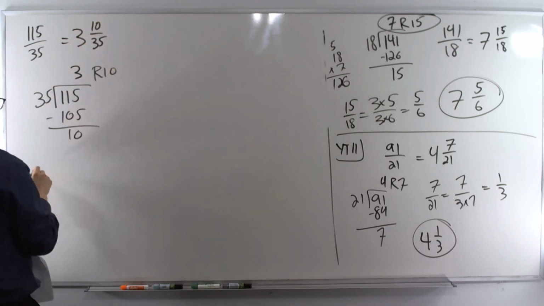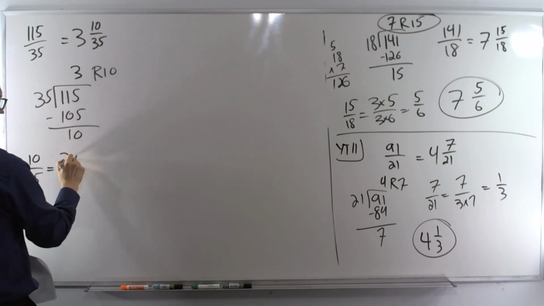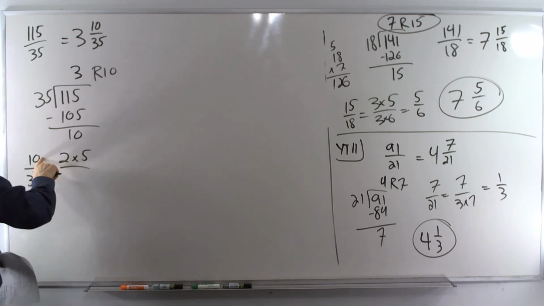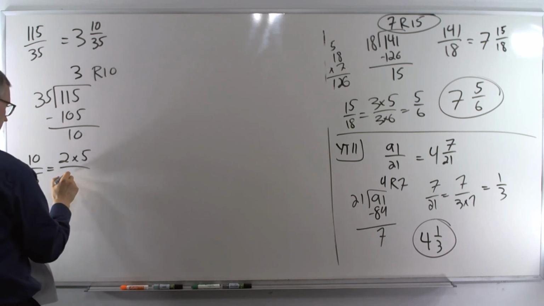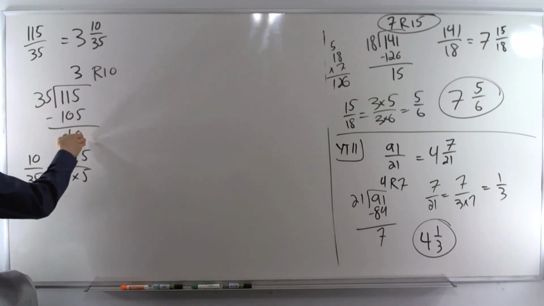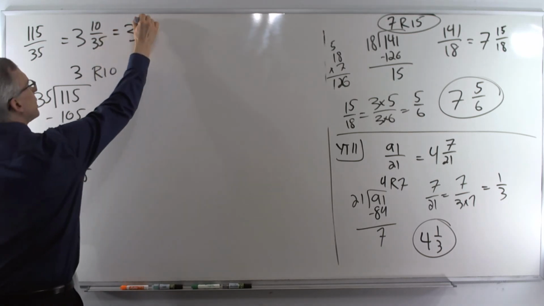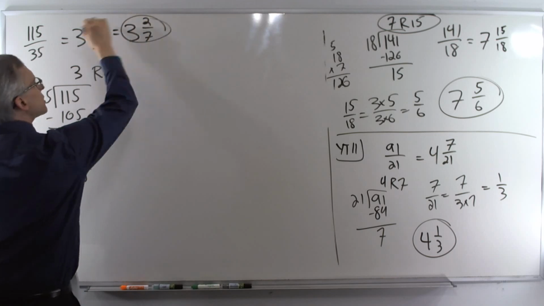Three and 10 35ths. Now 10 35ths has a common factor of 5, ending in 0 and 5, using your tests. So 2 times 5 over 7 times 5. 5's cancel, leaving 2 7ths. So that equals 3 and 2/7.